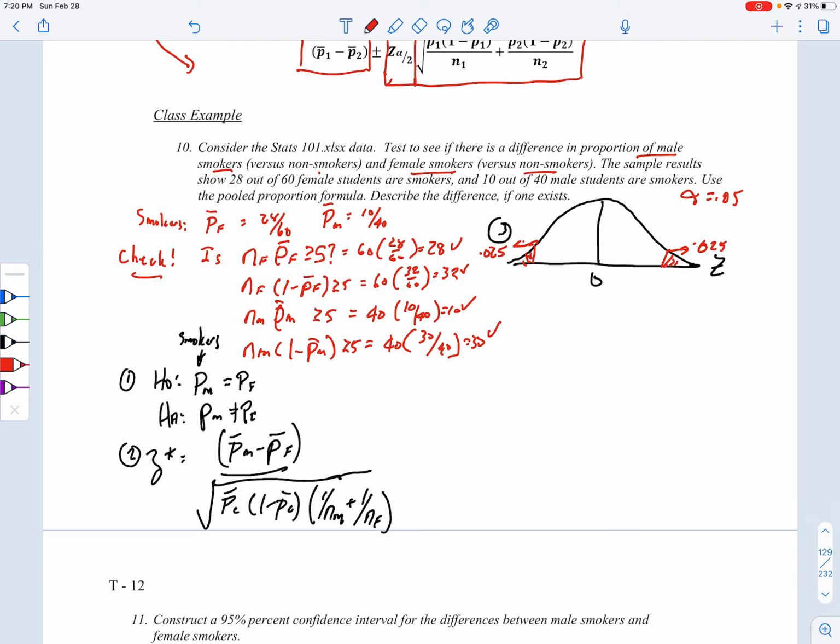Like that. And those, of course, are plus or minus 1.96. You've seen those lots of times before. Right there. So if your Z star is less than minus 1.96, or if Z star is greater than positive 1.96, then we would reject H0.